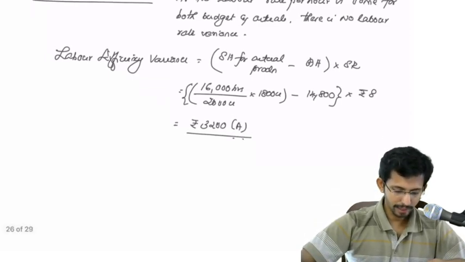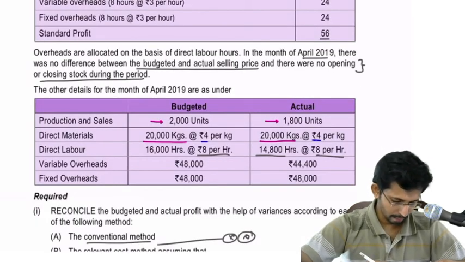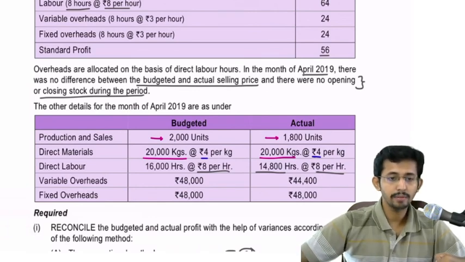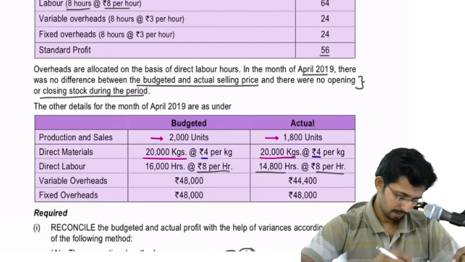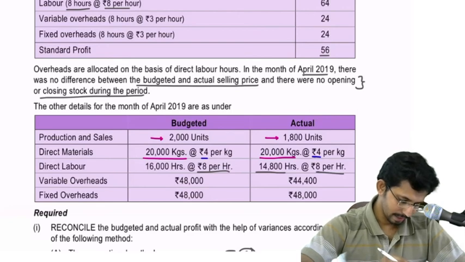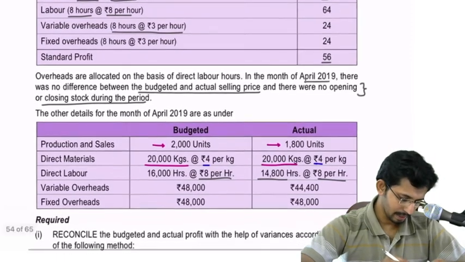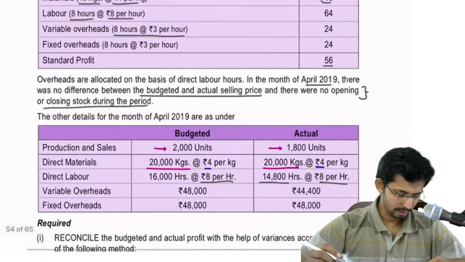Okay, now next, variable overhead. You don't have any information about the variable overhead. Do you have any information about the variable overhead absorption rates? Yes, variable overhead 8 hours rupees 3 per hour. Okay, 8 hours means it is in the order of the labor hours.